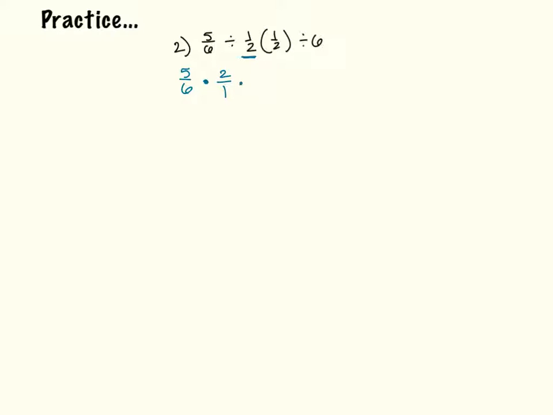Now we're still multiplying by 1/2, and then we come to another division symbol, change it to multiplication, but 6. Here's where we have a big issue. A whole number 6. This whole number 6 is technically 6/1, because that's how we get 6.